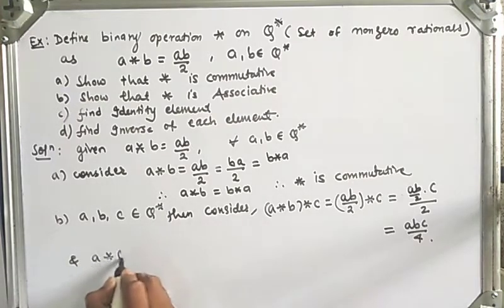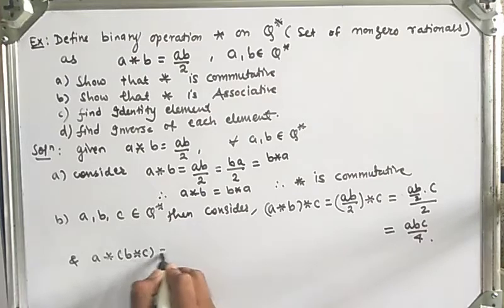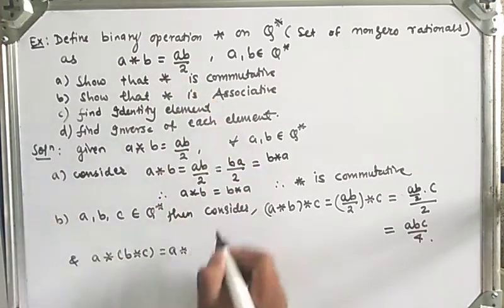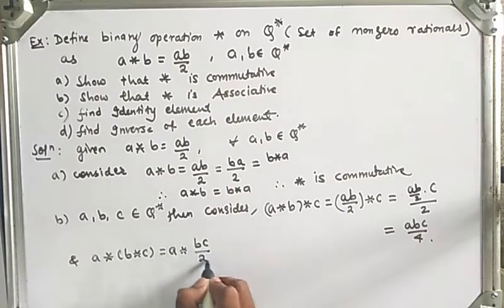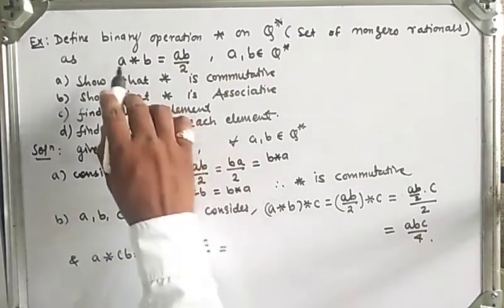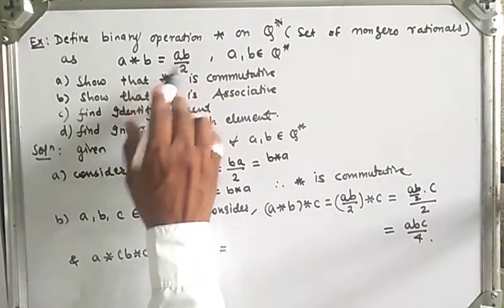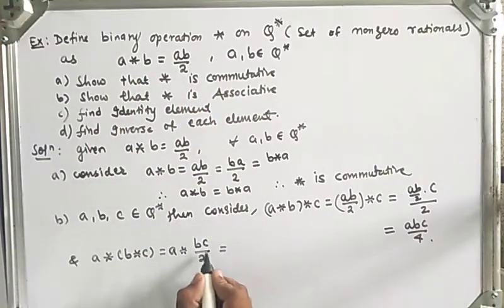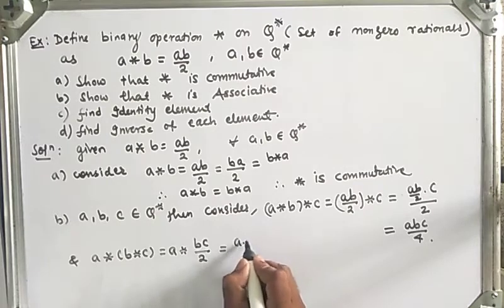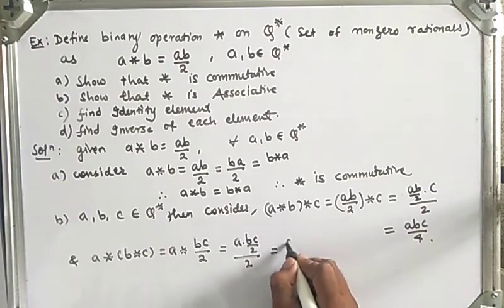And the RHS is a star b star c. Using the definition, a is as it is, and b star c has value b into c upon 2. Then again using the definition, a star that is the product of these two elements divided by 2, which is a into b into c by 2 divided by 2. After solving we will get a into b into c divided by 4.